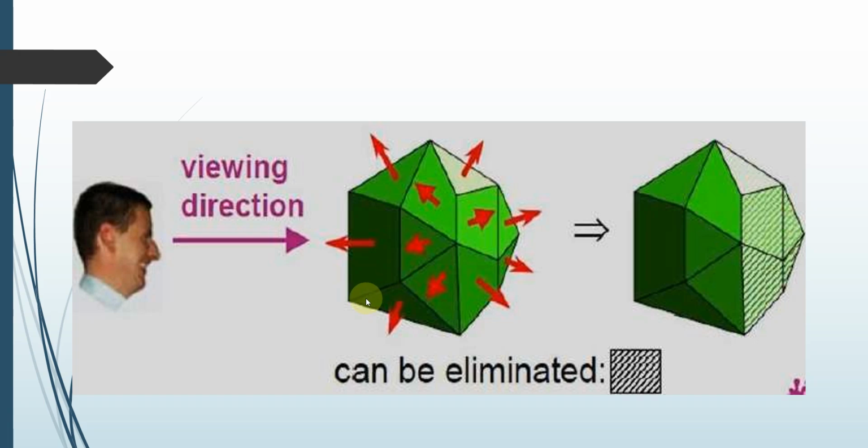But this image is basically depicting why we need to find the back face of any 3D object in an image. This person is the viewer, and this purple arrow shows which part of the 3D object the viewer's eye is looking at.